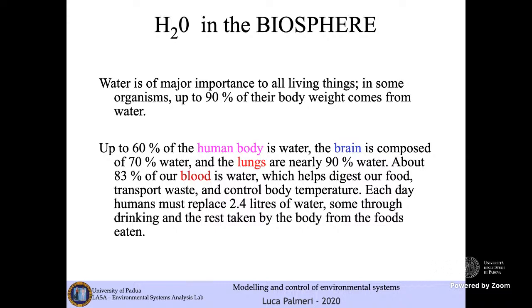I remind you that water is an important solvent, and the fact that we have a lot of water in our lungs means that we may observe an important passage of oxygen from the air into the liquid that is making up the volume of the lungs.